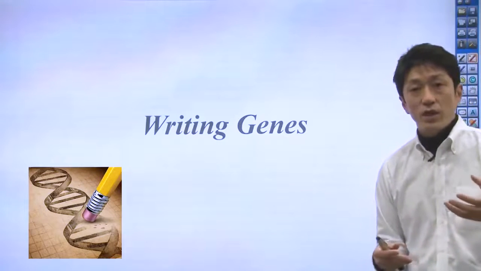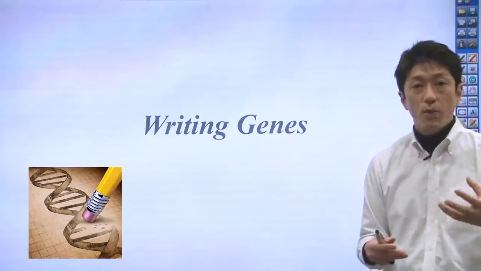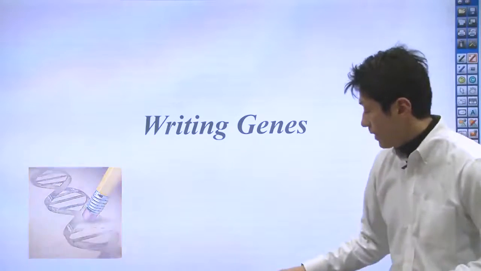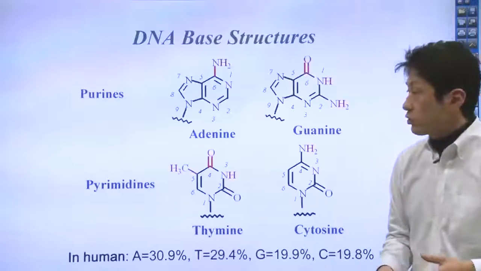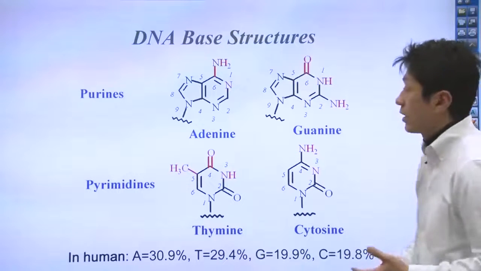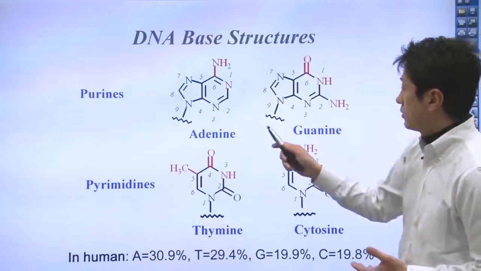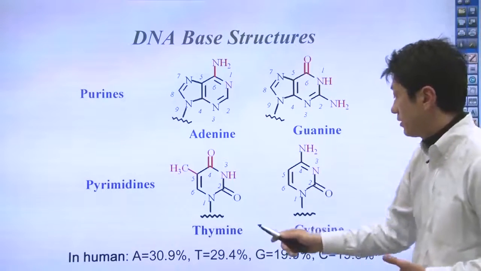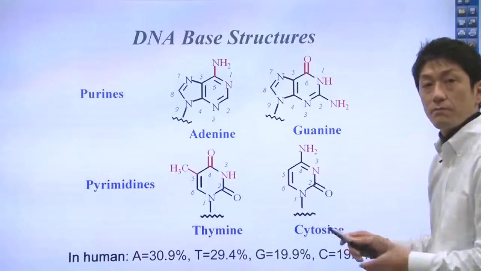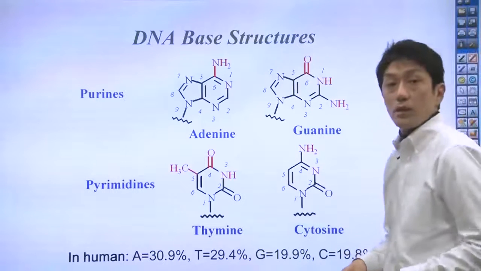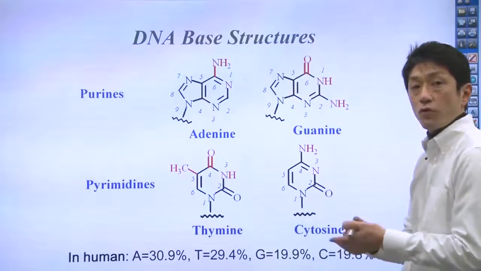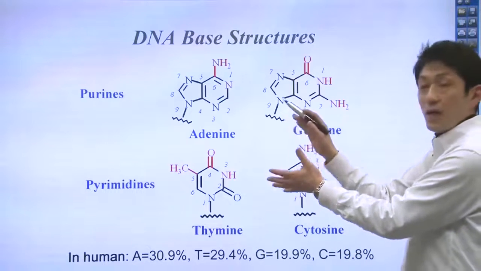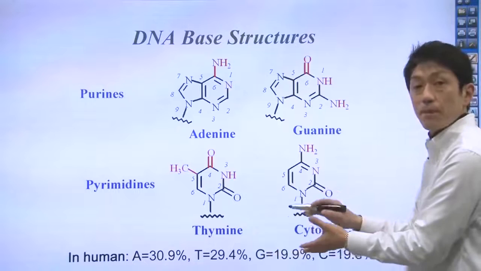The DNA information can be broken down into 4 parts. I'll show you the chemical structures. Adenine, guanine, thymine, cytosine. The chemical structures for the 4 bases are like this.